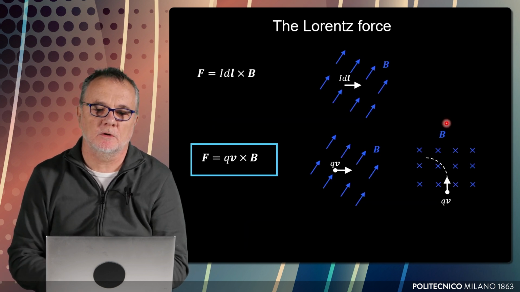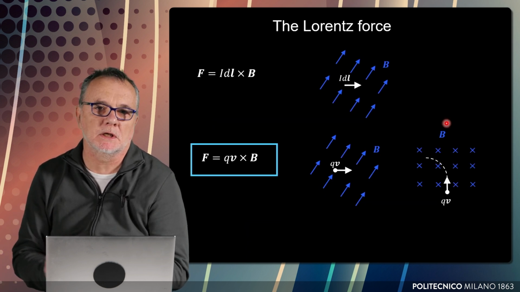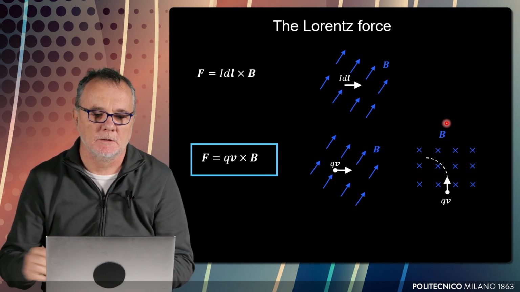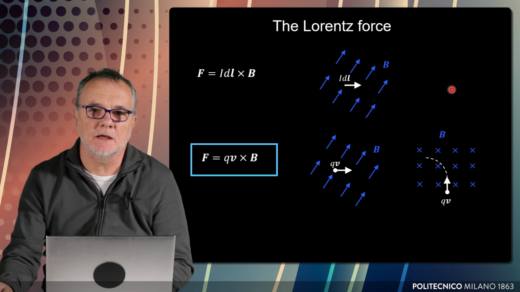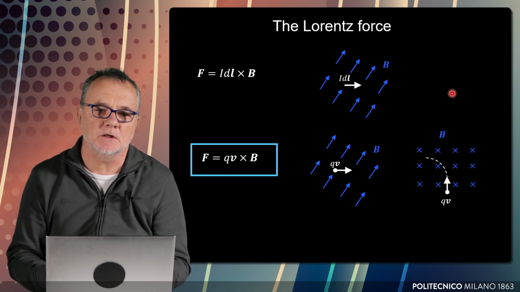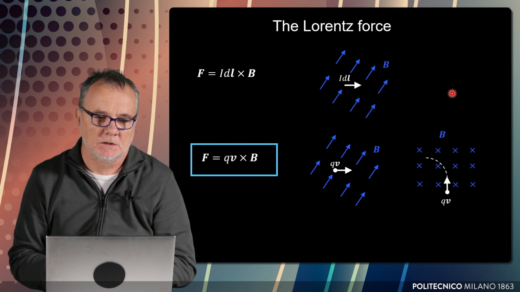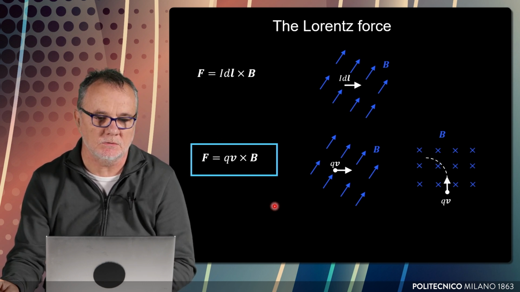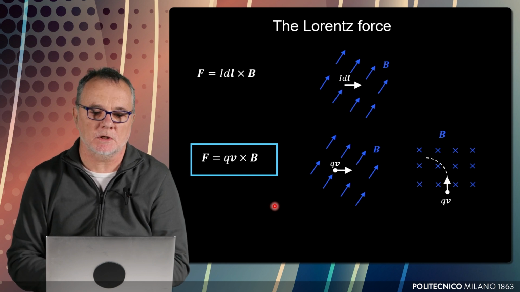Okay, in addition to the force acting on a segment dl on which a current I flows, we can also write the force acting on a charge moving at a speed v immersed in a B field. The expression of the force is very similar, written here, as you see. The name of the force is Lorentz force.